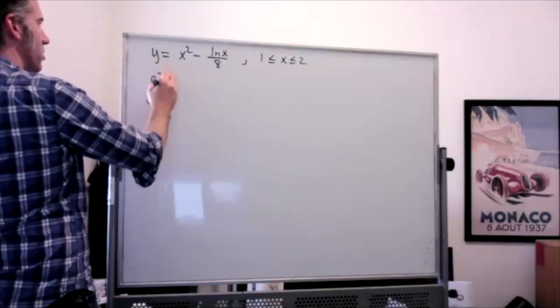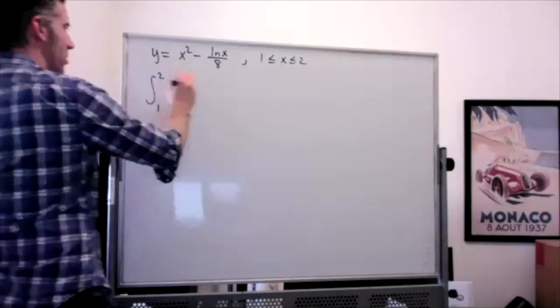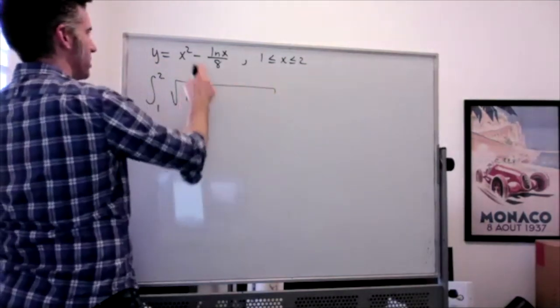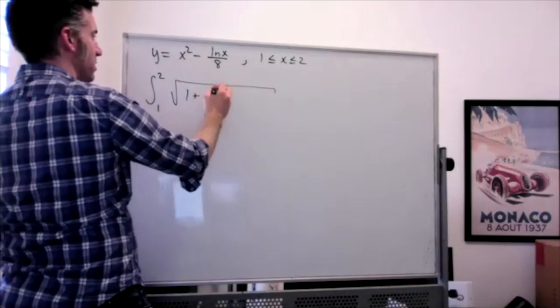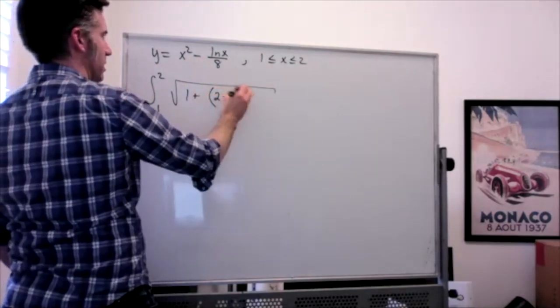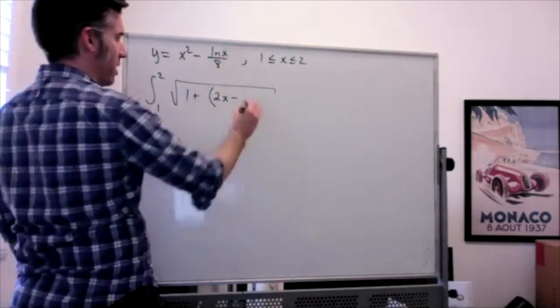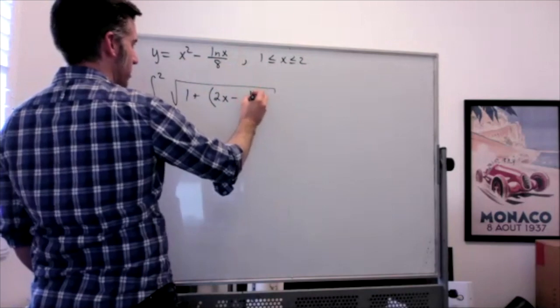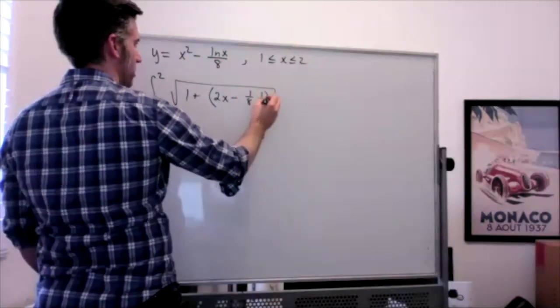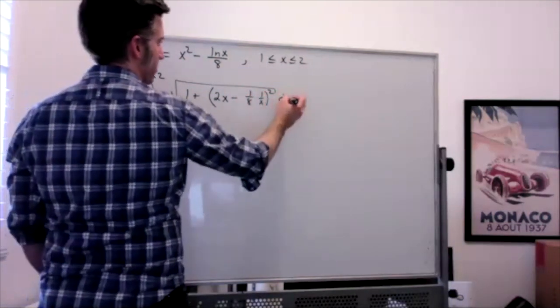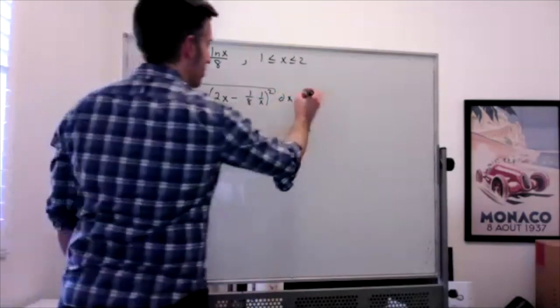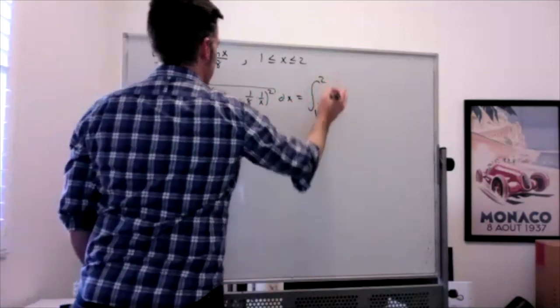Integral from 1 to 2 of the square root of 1 plus the derivative of that. So the derivative of that is 2x minus the derivative of the natural log of x over 8, which is 1 over 8 times 1 over x.